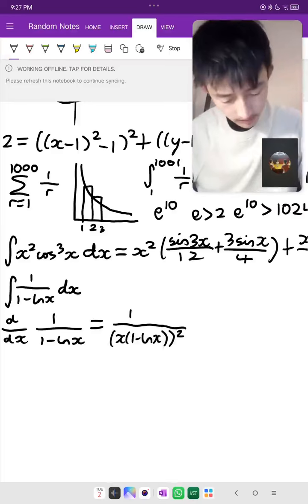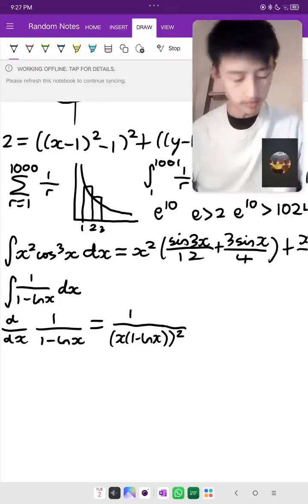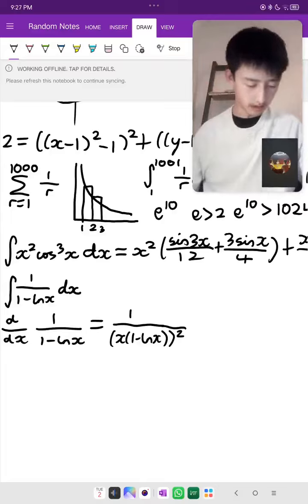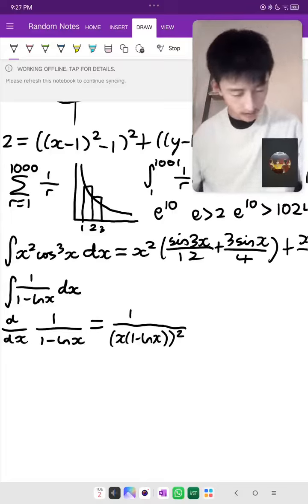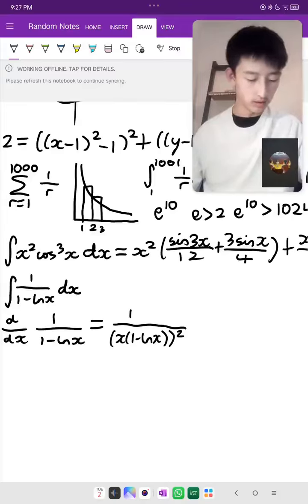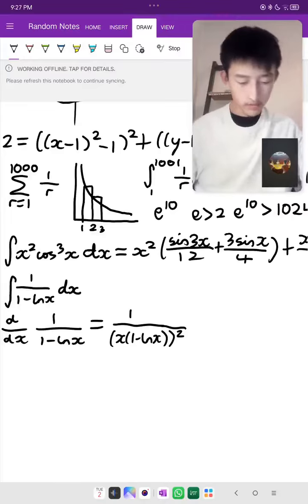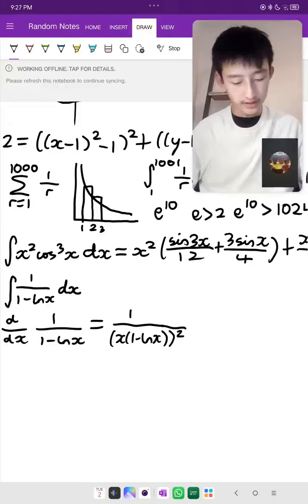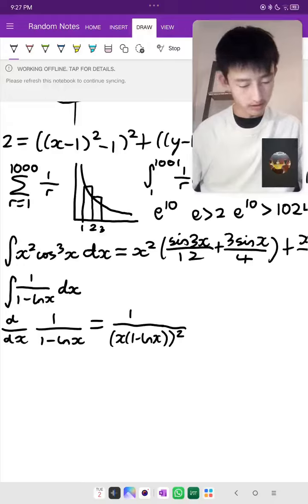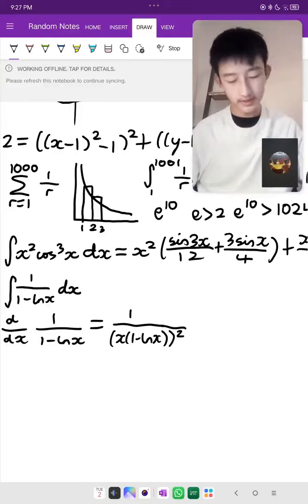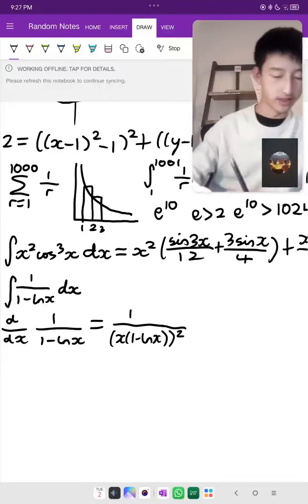Is that right? I should be multiplying by minus 1 over x, but we get the minus from the power. I think this seems right. So I don't think this is going to help me that much if I integrate by parts. I might as well try anyway, I guess.